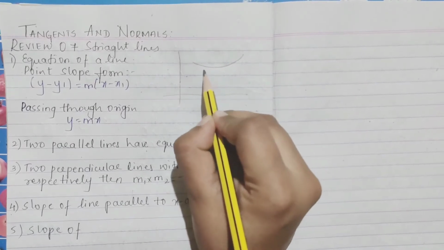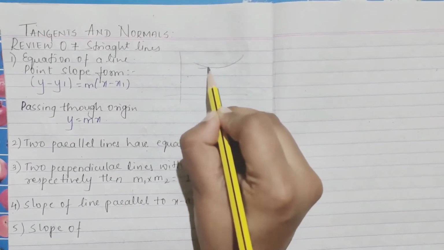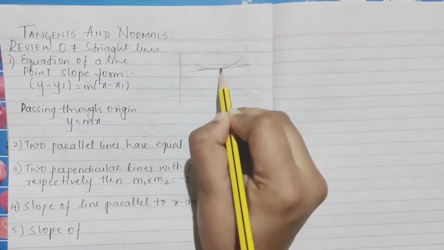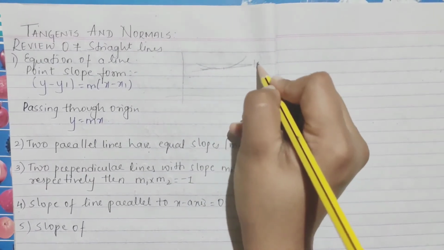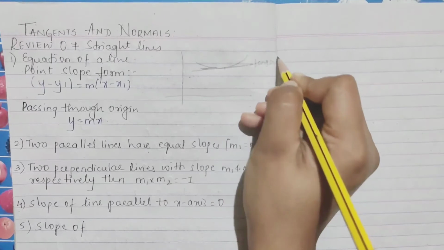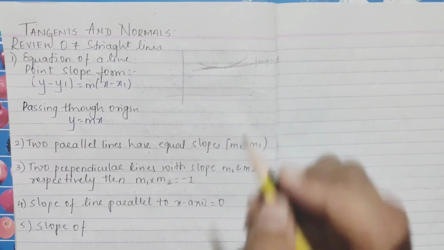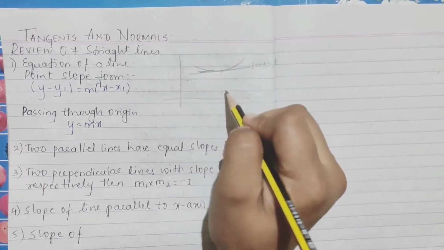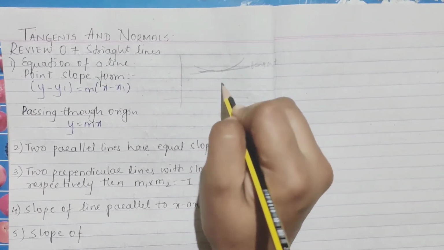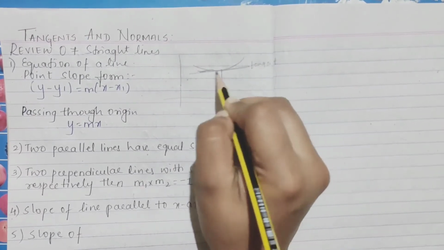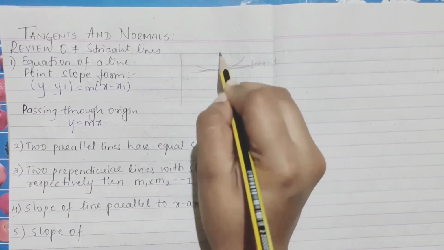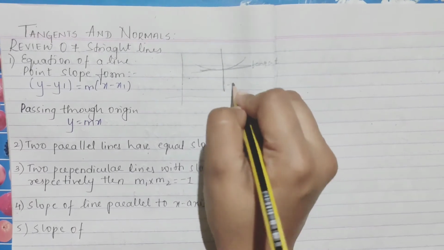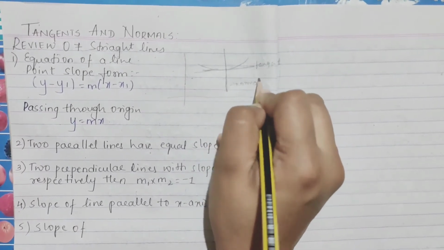Now a line passing through one point. See, a line passing through this one point, this is called your tangent. And the line perpendicular to the tangent, passing through the common point, this is called the normal line.